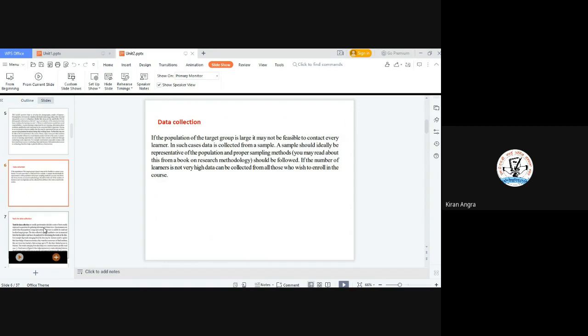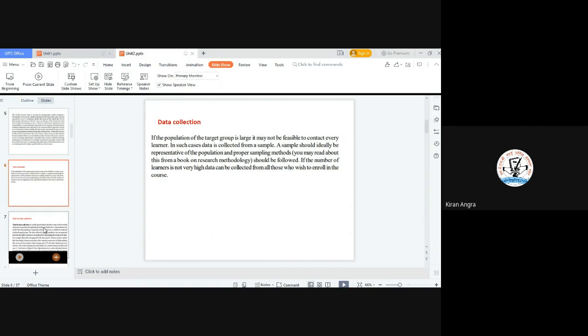Usually they are questionnaires and interviews. Questionnaires are useful when the population is large and scattered. Interviews are suitable for small and localized target groups. Data collected can be quantitative, meaning in numerical form, or qualitative, meaning descriptive. It will be analyzed for determining the trends in the data.